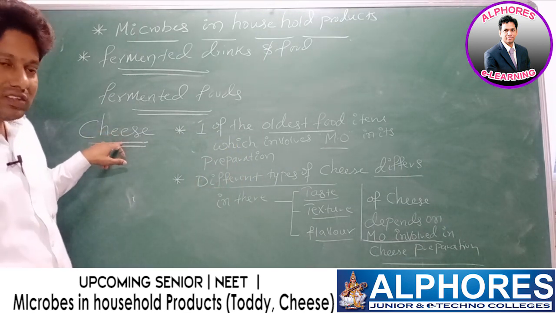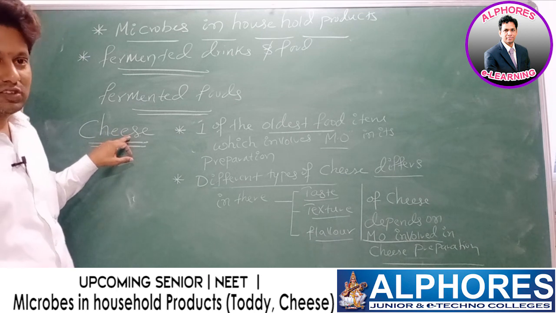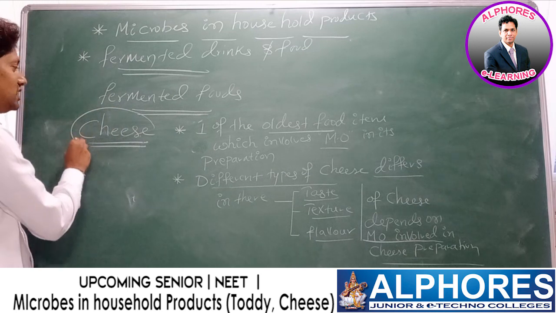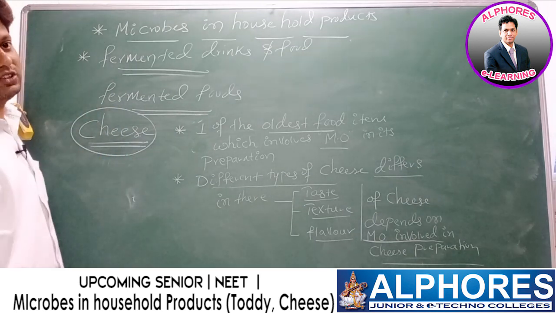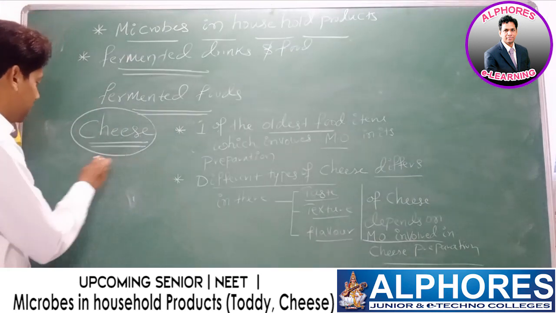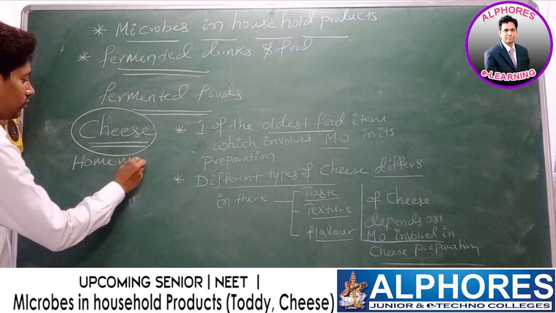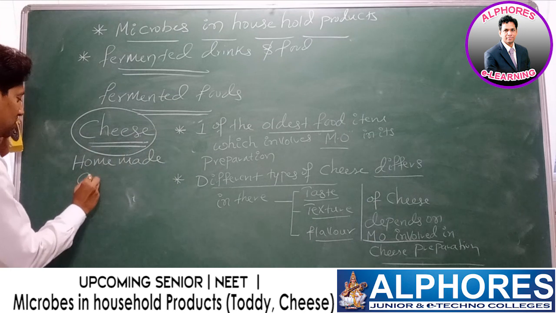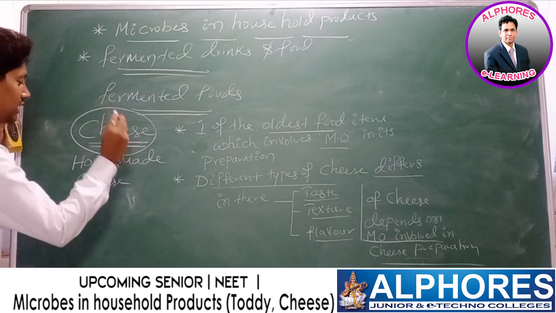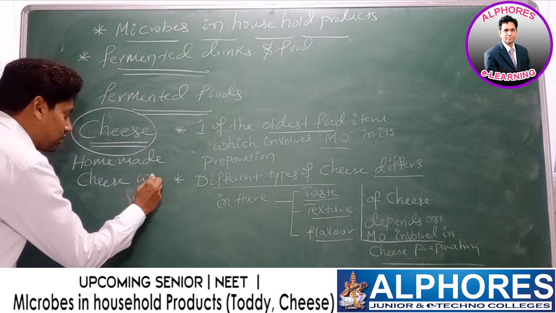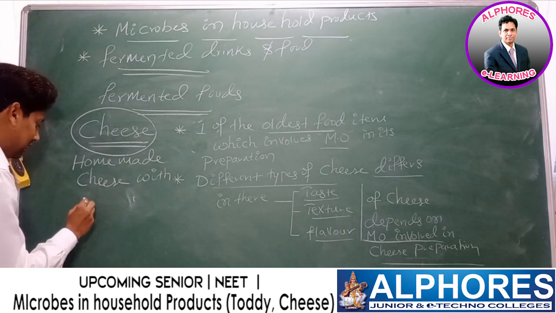We can make this cheese at home also. Homemade cheese. Sir, how are we going to make cheese at home? By using lemon juice. Yes or no? Homemade cheese with the help of lemon juice.